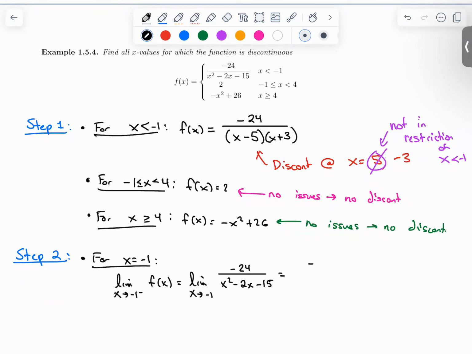That will be -24 divided by -1 squared minus 2 times -1 minus 15, which is -24 over 1 plus 2 minus 15, which gives you 2.